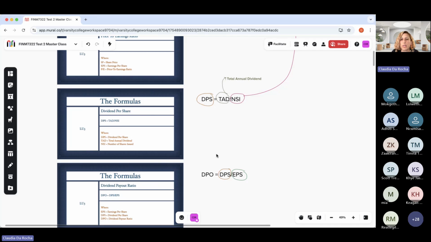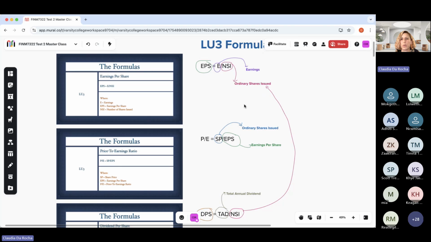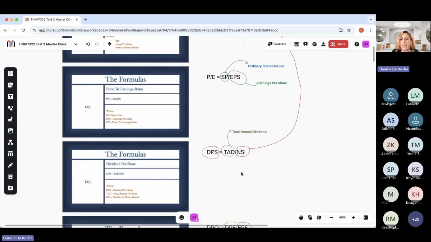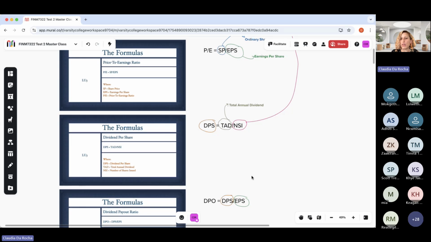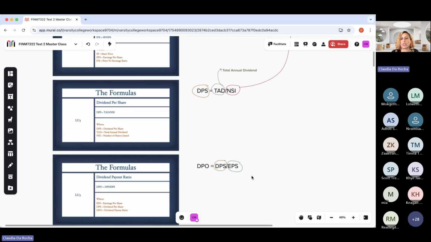So DPS, we can get from either our dividend payout ratio formula or from the DPS formula itself. EPS, we can get from DPO, we can get from EPS, we can get from price earnings ratio. And that is what makes Learning Unit 3 questions difficult. It's not the formulas or the content, because the content and the principles behind it are quite straightforward. It's how to tackle a question, right?